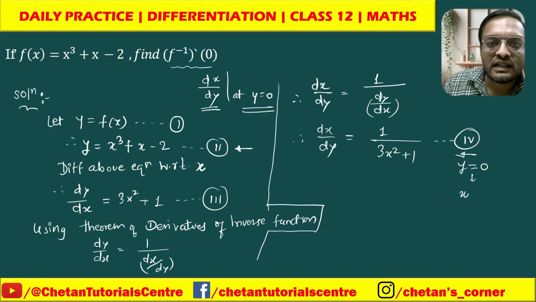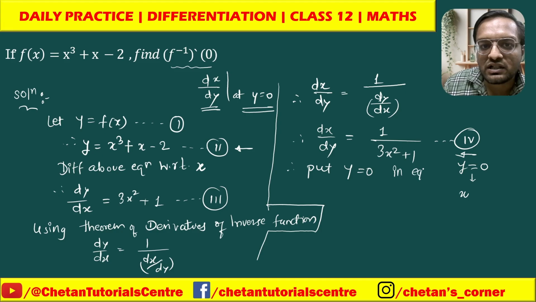Now let us find the corresponding value of x for y is equal to 0 using equation number 2. Therefore, put y is equal to 0 in equation 2. I hope you have understood why we are substituting this value of y is equal to 0. Because in this equation number 4, there is no y term. So we are going to find the corresponding value of x for y is equal to 0.